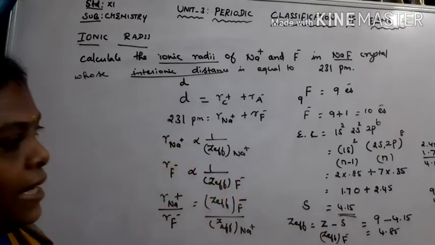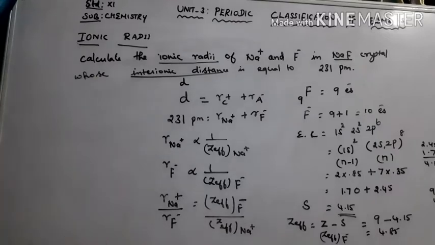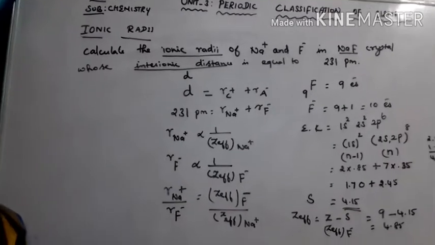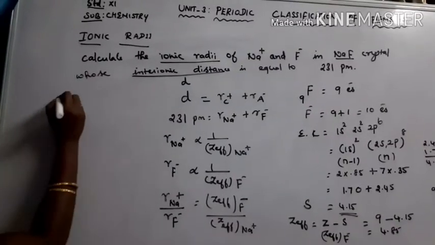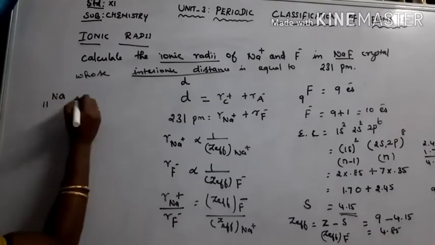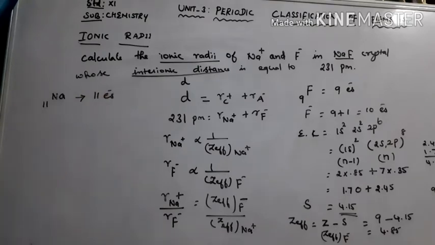Now let us again calculate the effective nuclear charge for Na plus. For sodium, the atomic number is 11, therefore it contains 11 electrons.